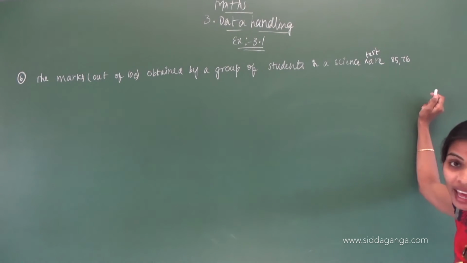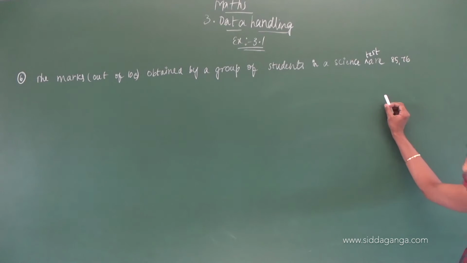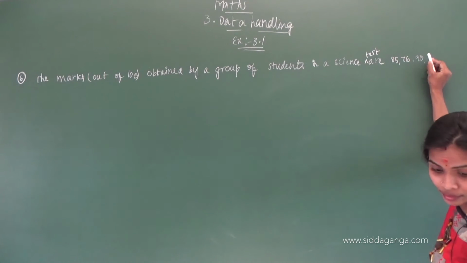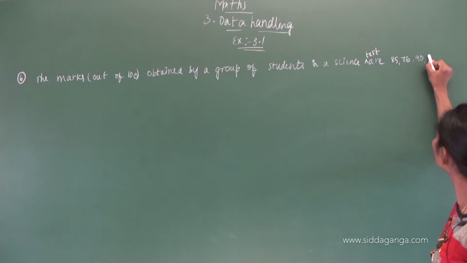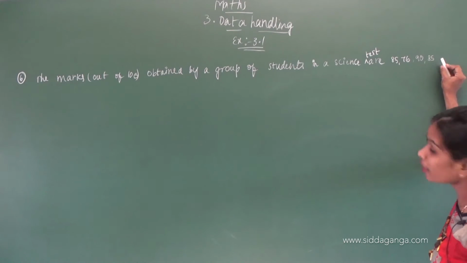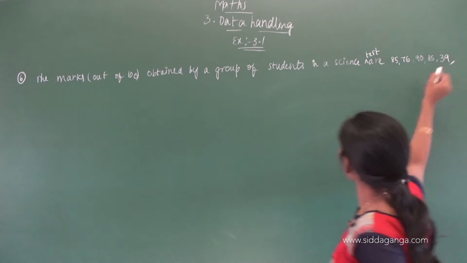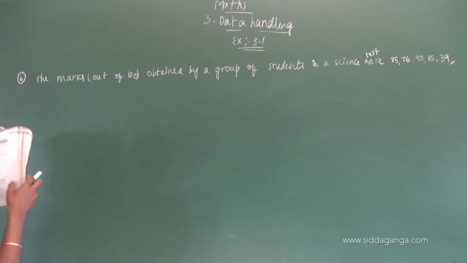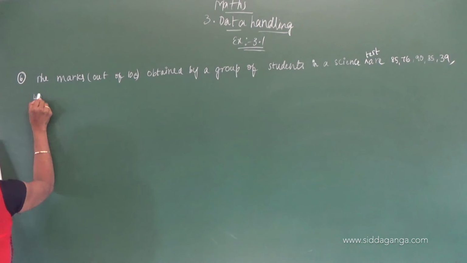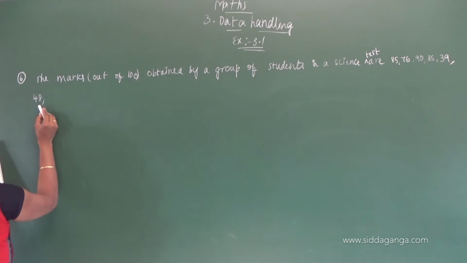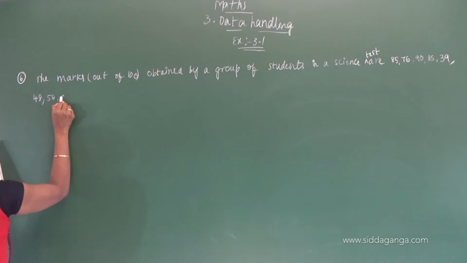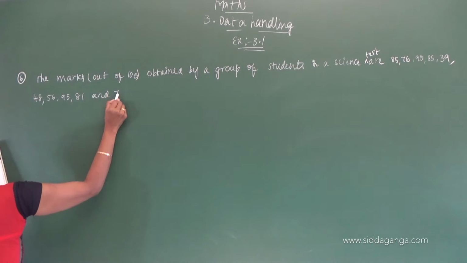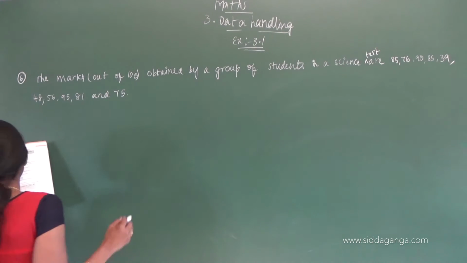In the first question they have given the UT marks of maths: 85, 76, 90, 85, 39, 48, 56, 95, 81, 75 and 75.